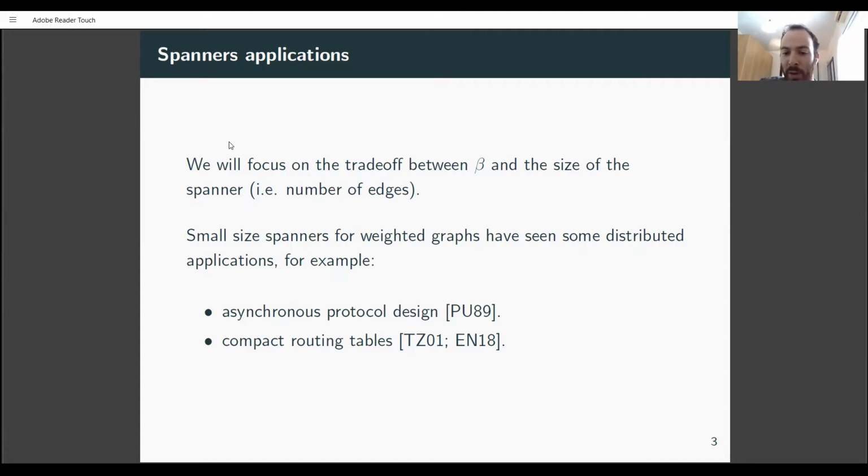The idea is that some algorithms and data structures depend on the number of edges in the graph, so running them on a spanner can give us an improved result. For example, you can look at asynchronous protocol design and compact routing tables.